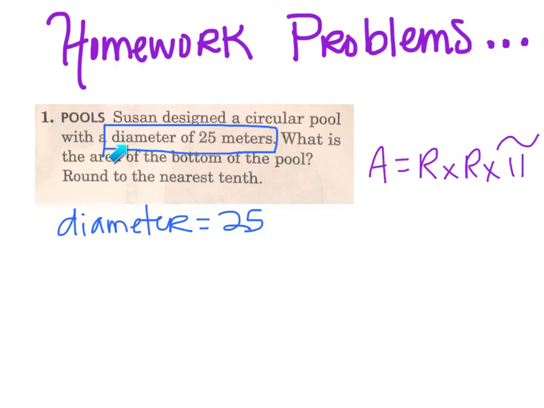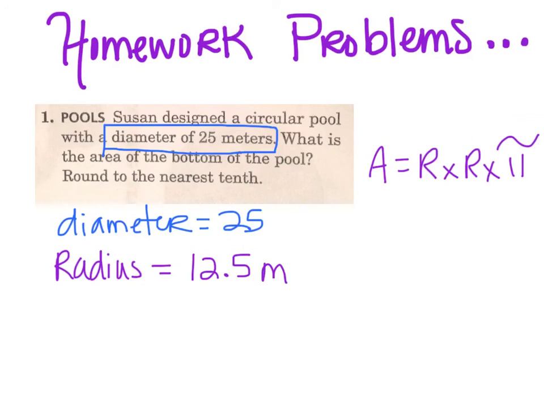So, somewhere on your page, please write the word radius. And radius is only halfway across. So, I want to know what is half of 25. If you had $25 and you had to give me half, how much would you give me? You would give me 12.5.